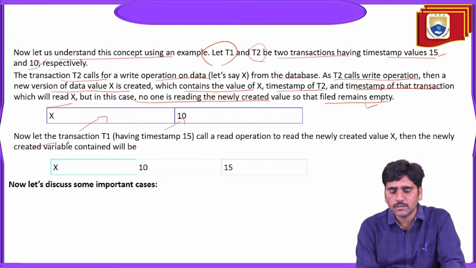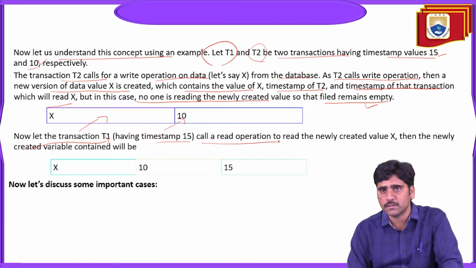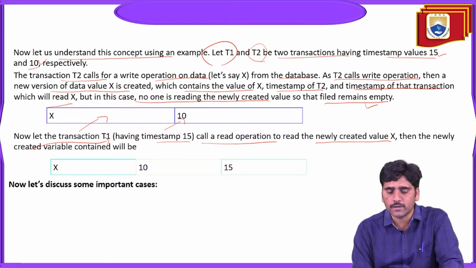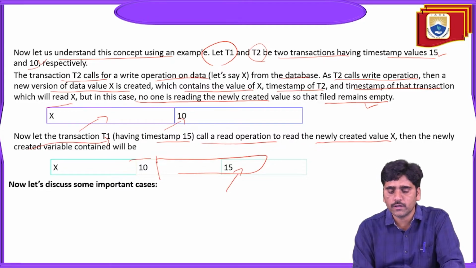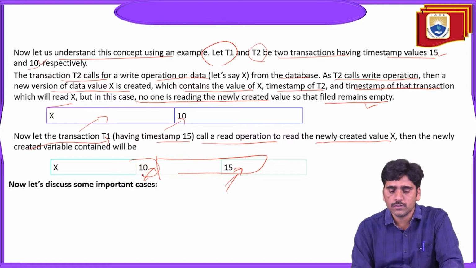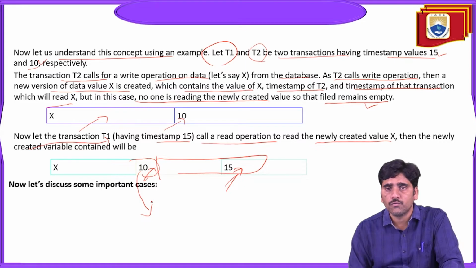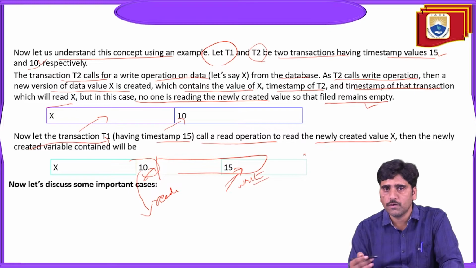Now let transaction T1, having timestamp 15, call for a read operation to read the newly created value. Then the newly created version contains 10 as well as 15. This is the older readable value, and this is the newly created value, the newly writable value.